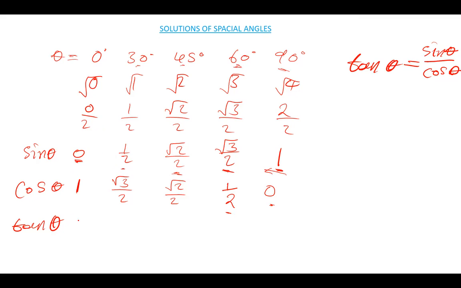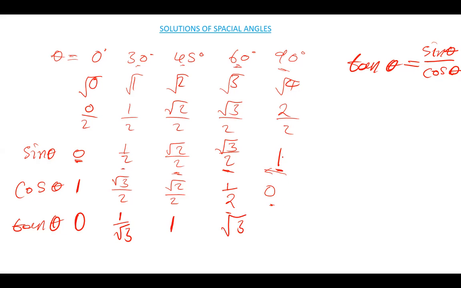So 0 divided by 1 is 0. Half divided by root 3 over 2 is simply 1 over the root of 3. Root 2 over 2 divided by root 2 over 2 is 1. And root 3 over 2 divided by 1 over 2 is simply the root of 3.